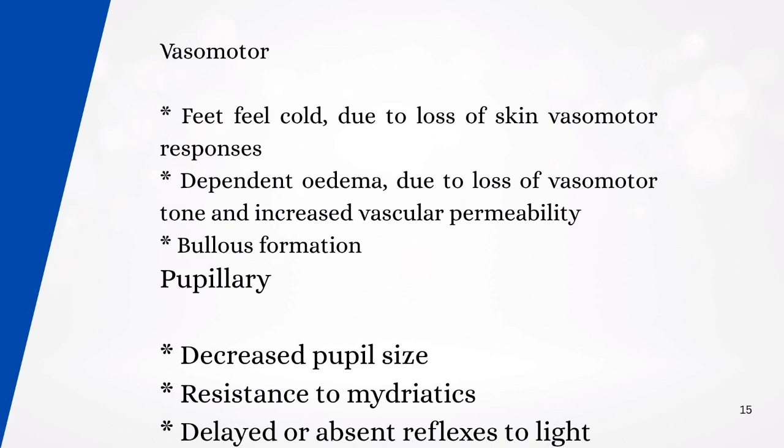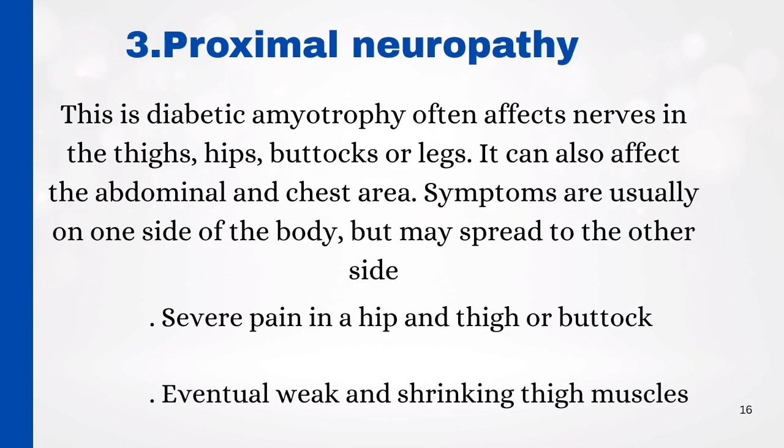Vasomotor symptoms like feet feel cold, dependent edema, bulla formation, pupillary symptoms like decreased pupil size, resistance to mydriatics, delayed or absent reflexes to light. Next, proximal neuropathy. This is diabetic amyotrophy, often affects the nerves in the thighs, hips, buttocks or legs. It can also affect the abdominal and chest area.